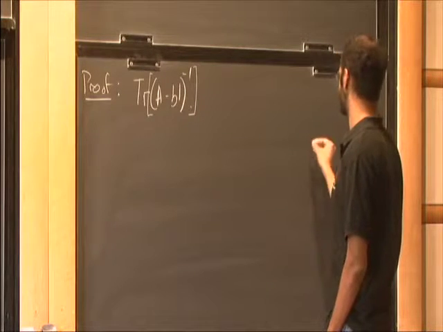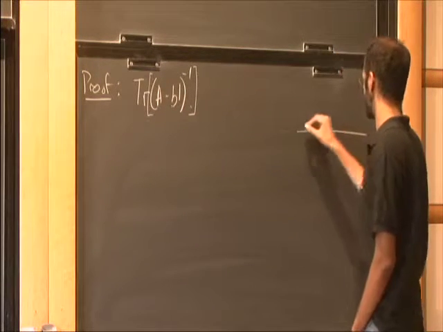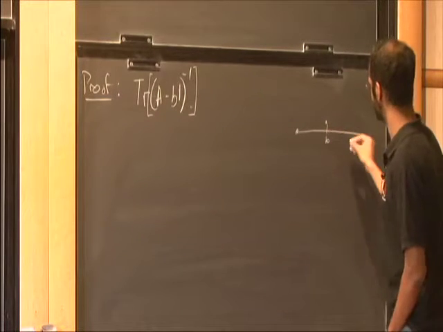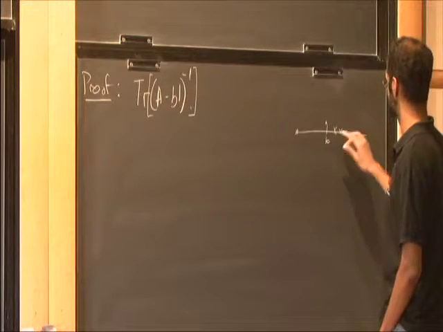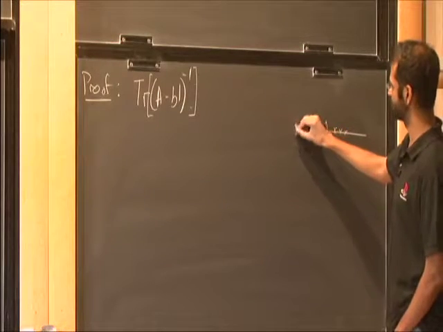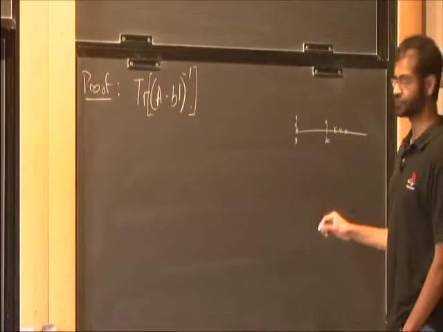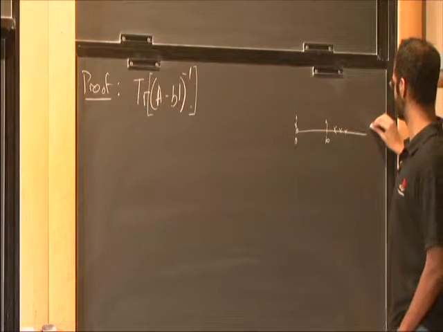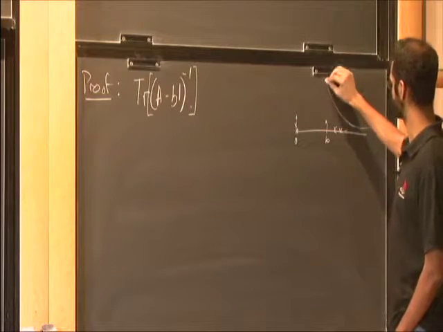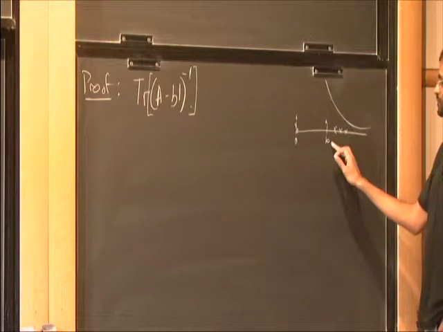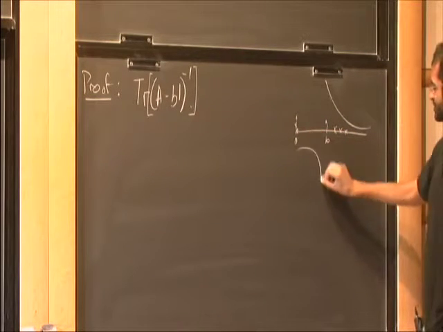Here's one picture which is sort of guiding everything that's going on. I have some B here. I have some matrix A that has all its non-zero eigenvalues ahead of B, and it has some zero eigenvalues here. Now, what are the contributions to this function? All these positive eigenvalues are contributing some positive number, the reciprocal of the distance from B, and all these are contributing some negative number.